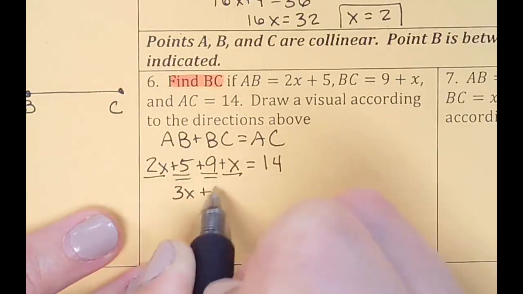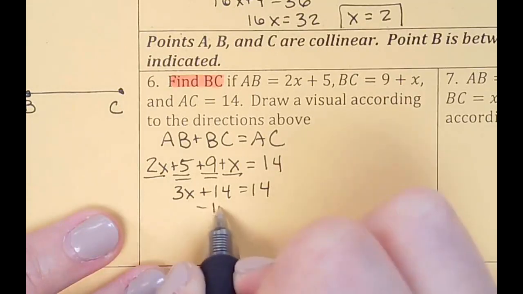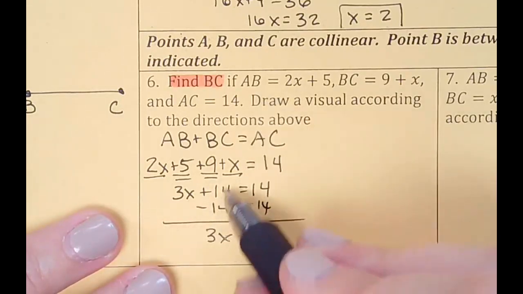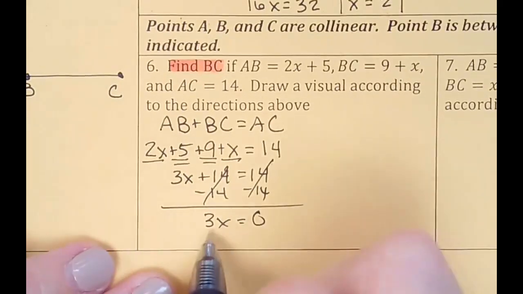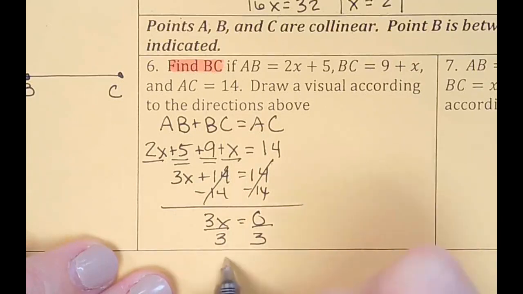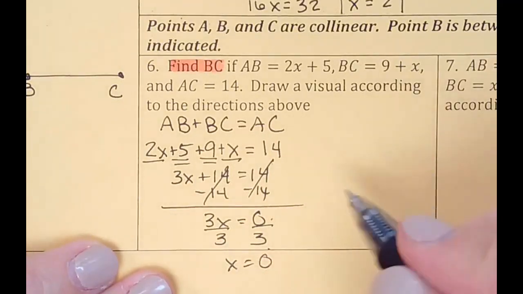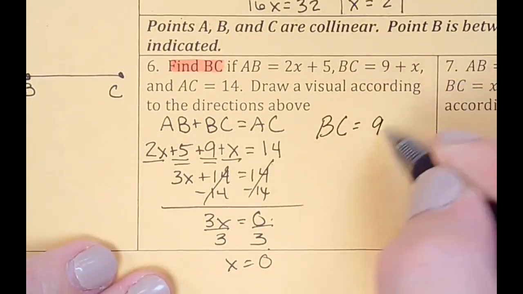Subtract this 14 on both sides. 3x drops down. 14 minus 14 is 0, equals 14 minus 14 is 0. Divide both sides by 3. So x equals 0, divided by anything is 0. Ultimately, BC is 9 plus x. So 9 plus 0. That length is 9.